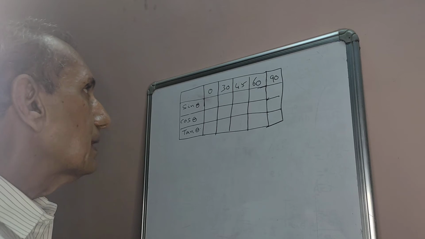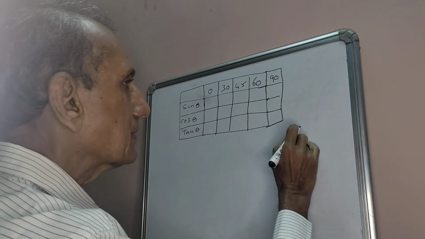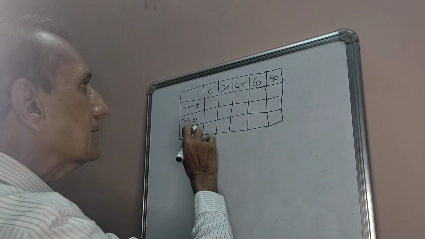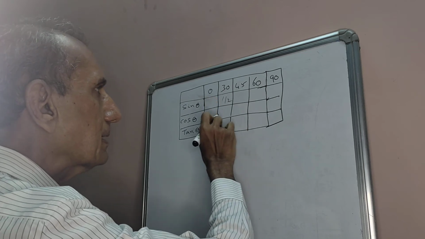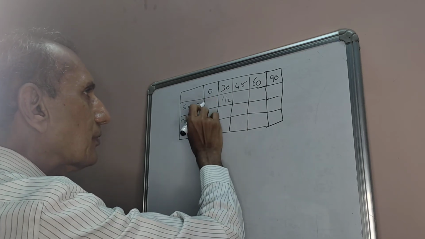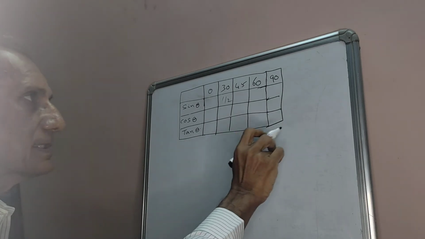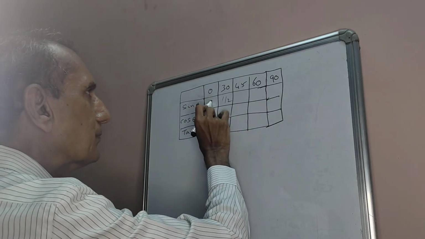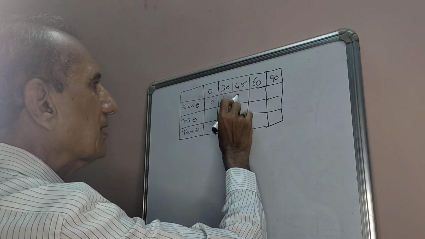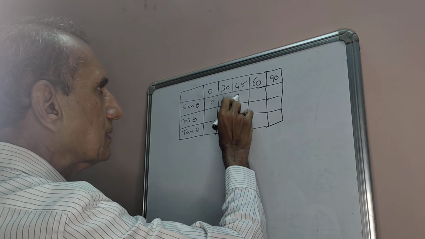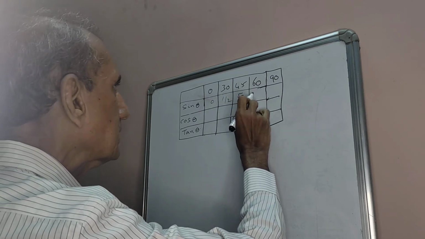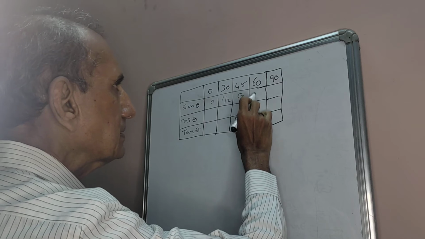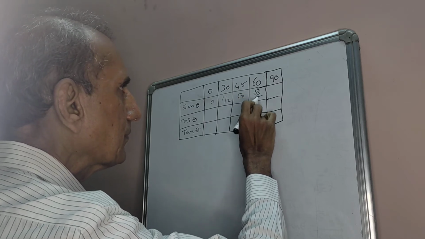Now, let me show you that sine 30 is half. And sine 0 is what? I'll show you the easiest way. Sine 0 is 0. Then half. Then sine 45 is root 2 in the denominator. Sine 60 is root 3 by 2.